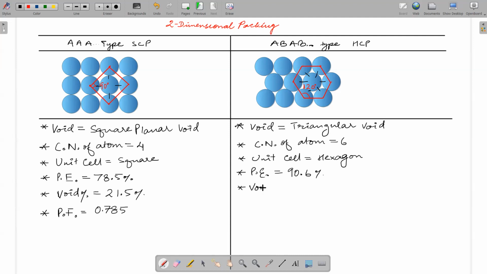What is the void percentage? 9.31. NCERT has given you 90.6, so I am also going with 90.6. If you do 90.69, that's fine, no problem. We can approximate it, 90.7.